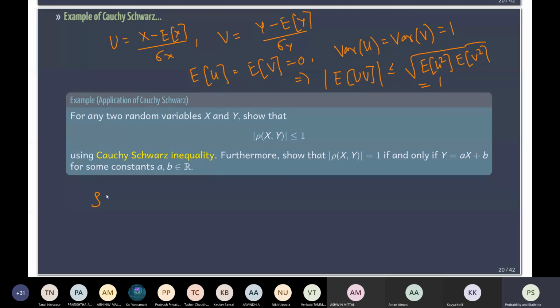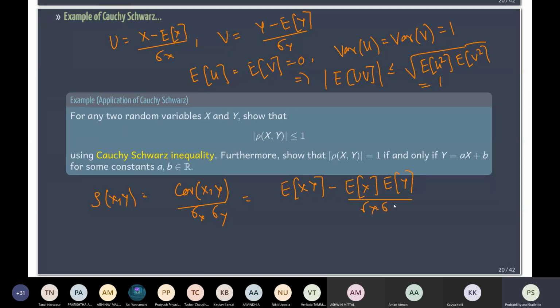What we know is that the correlation coefficient is the covariance of xy divided by the standard deviations. The covariance is the expectation of xy minus expectation of x times expectation of y, divided by sigma x, sigma y. Now apply this on uv.